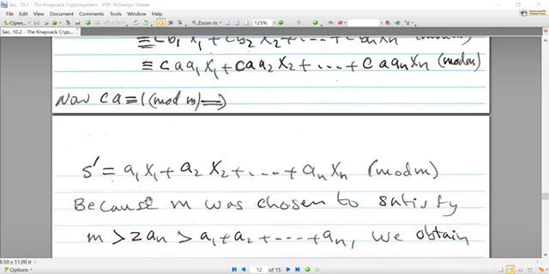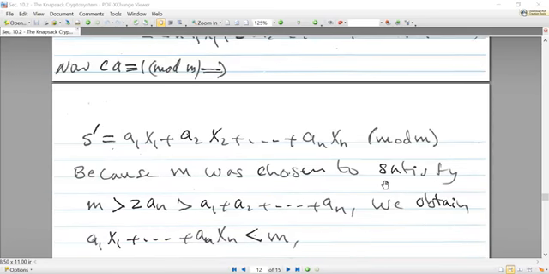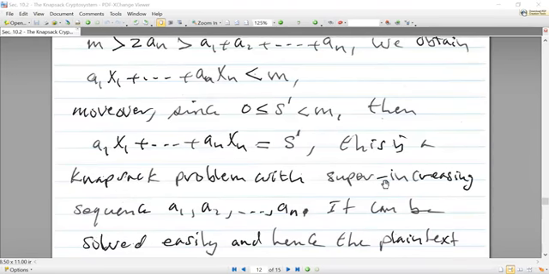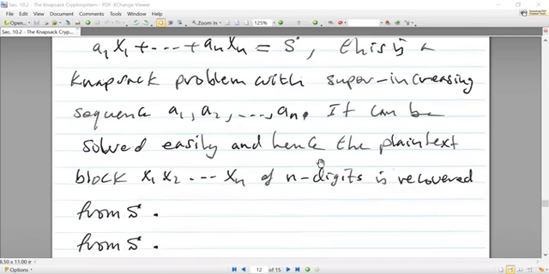And this is easy to solve. And now by solving this, we can recover actually the original sequence, the original text.